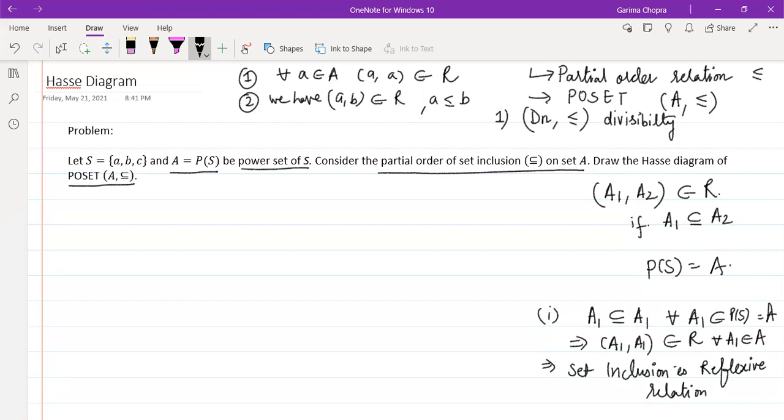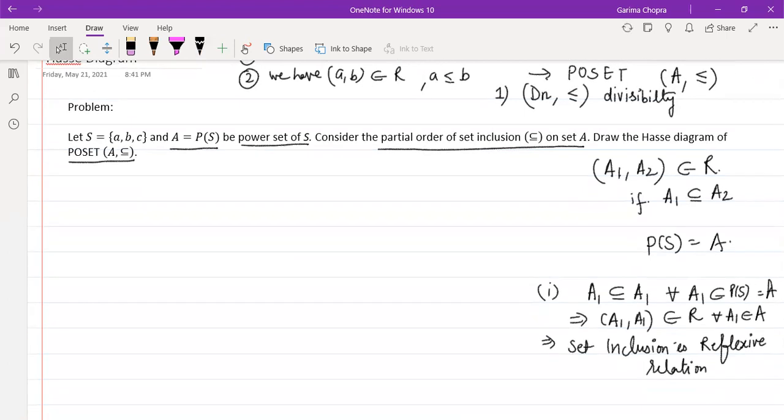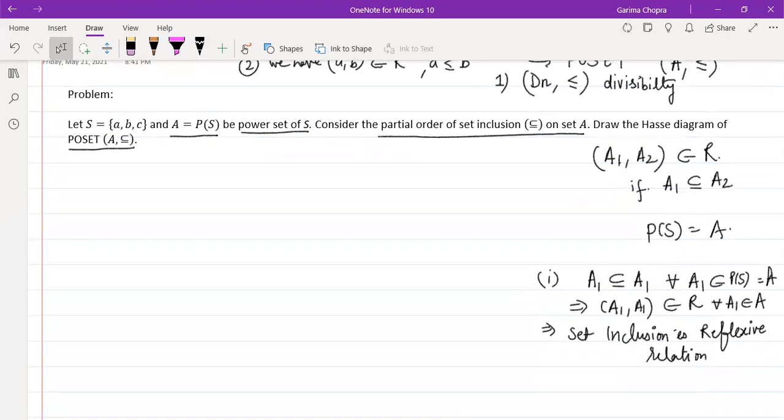The second point for partial order relation is that it is antisymmetric. It is very clear that if we are saying that A1 is related to A2, it means that A1 is a subset of A2. At the same time, if we are saying that A2 is also related to A1, then it means that A2 is also a subset of A1.